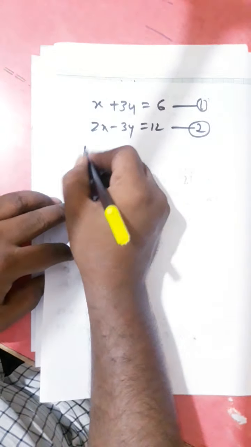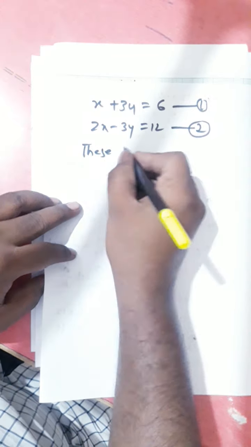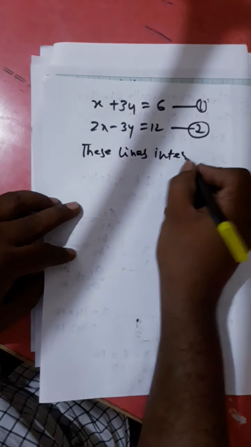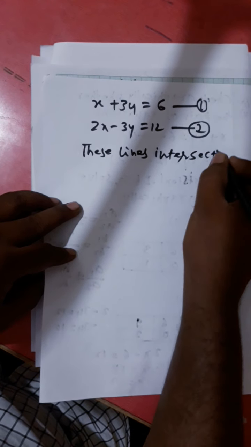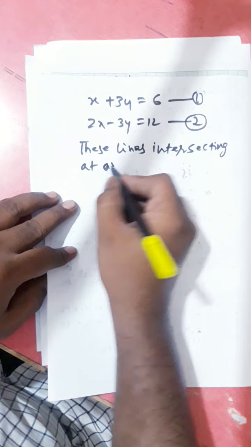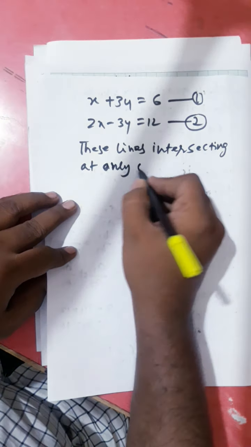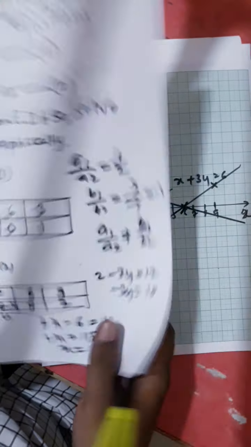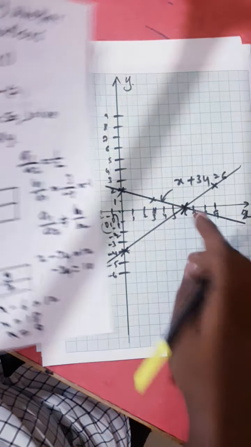By observing this graph, what we are saying is that these lines are intersecting at only one point, which is 6 comma 0.